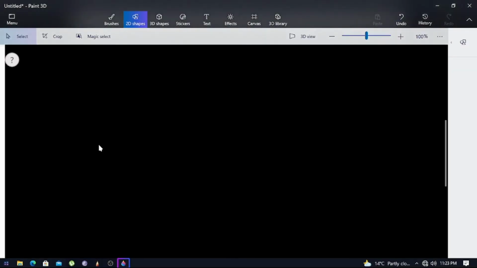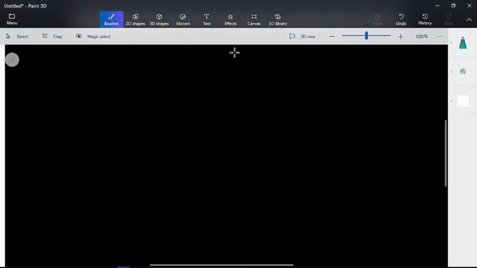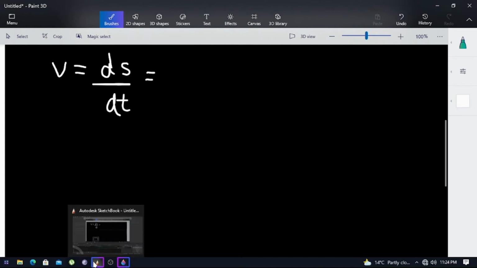So to find the velocity at that point in time, what I'm simply going to say is v is equal to ds over dt. So what have we been given as our expression?